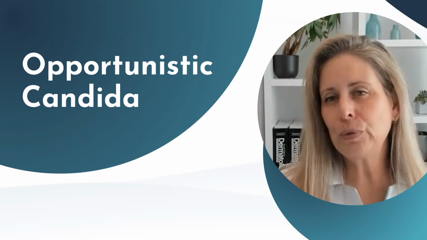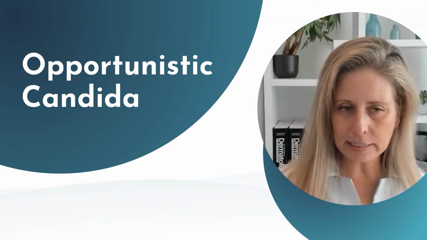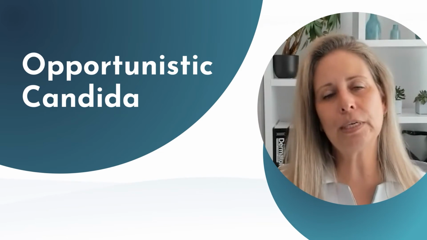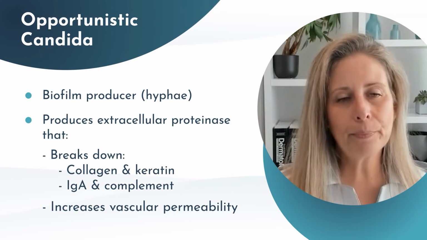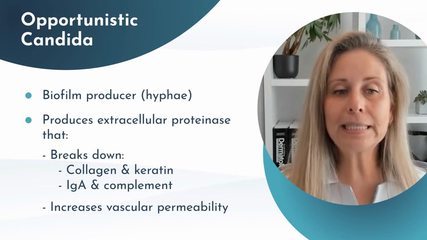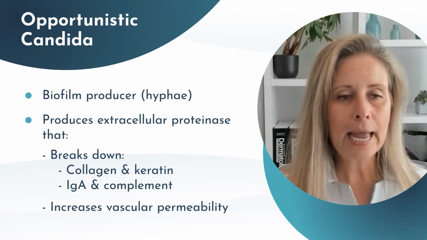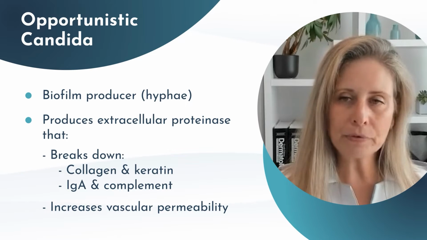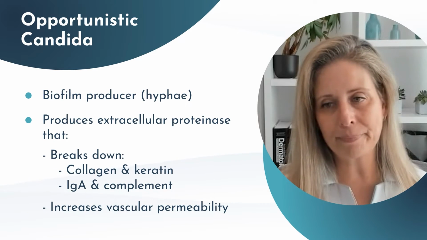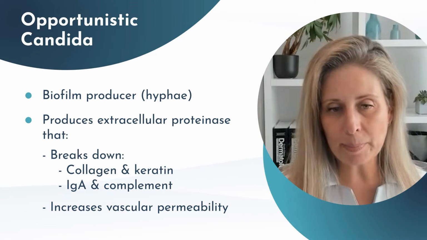So what about opportunistic Candida, right? Because Candida can be commensal, but it can be opportunistic. It produces proteinase that breaks down collagen and keratin on the skin and in our gut. And it also drives the production of IgA and complement, and it can increase vascular permeability.